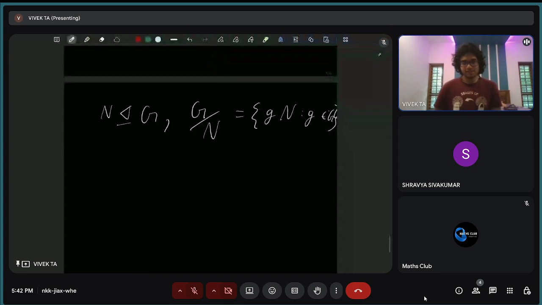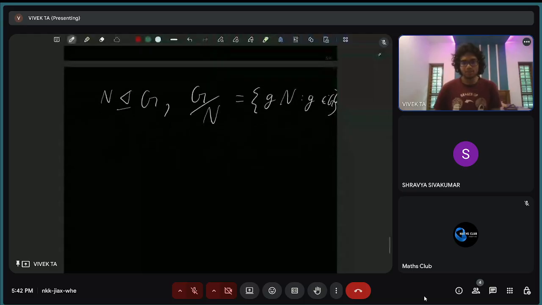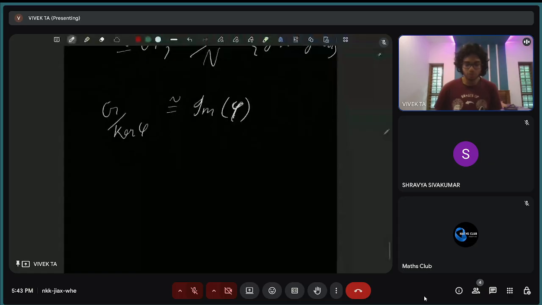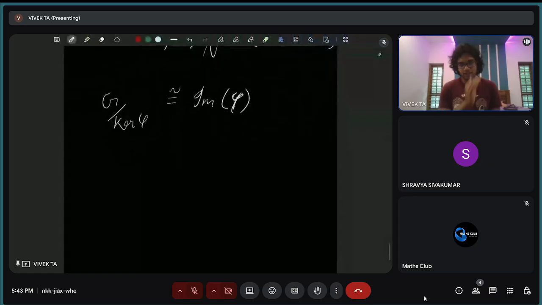Given this, now our goal is to prove that G mod kernel phi is isomorphic to the image of phi. The proof essentially involves first defining a map from G mod kernel phi to the image.